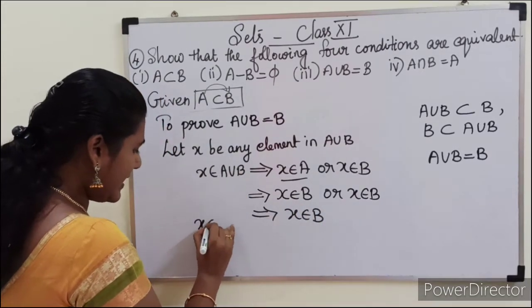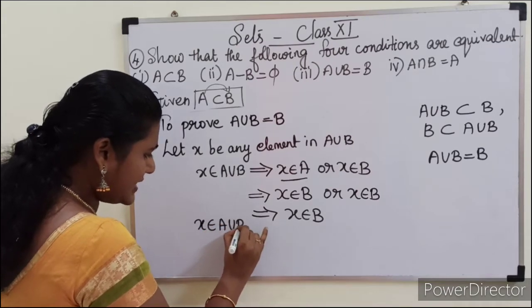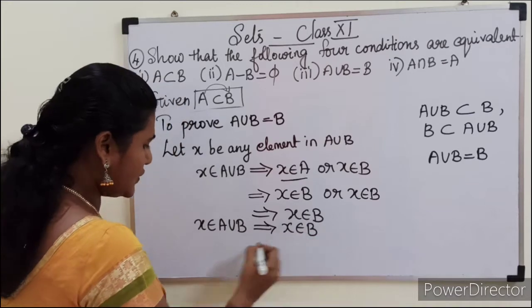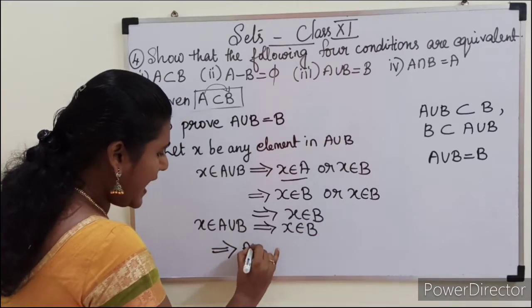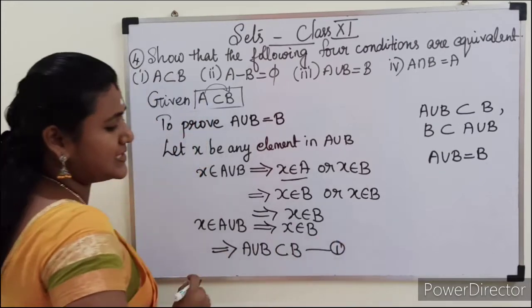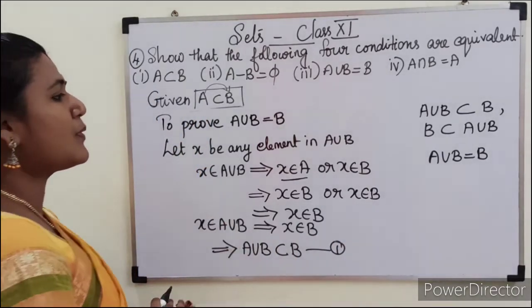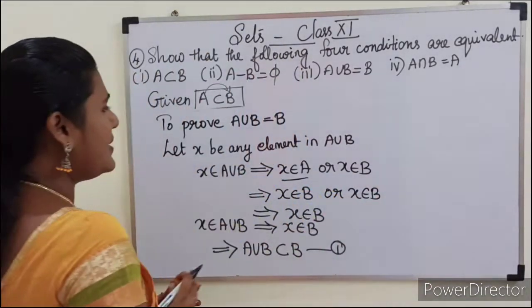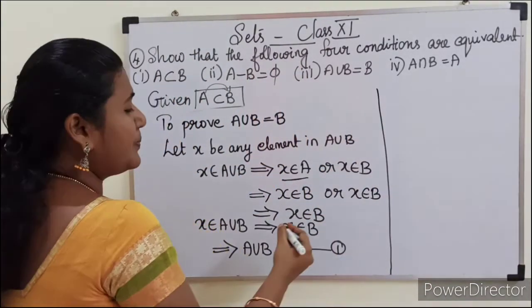That is, we have started with an element in A union B, and we got that element belongs to B also, which implies A union B is a subset of B. This is the first part. Now we will prove the second part. For that we will take an element in B.